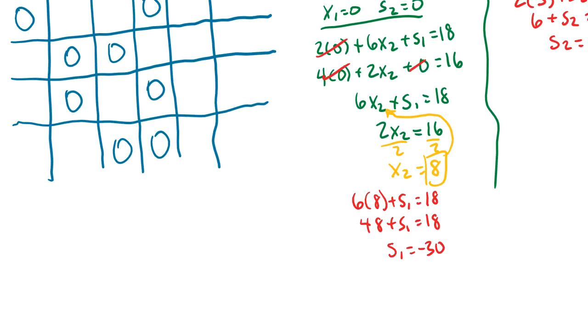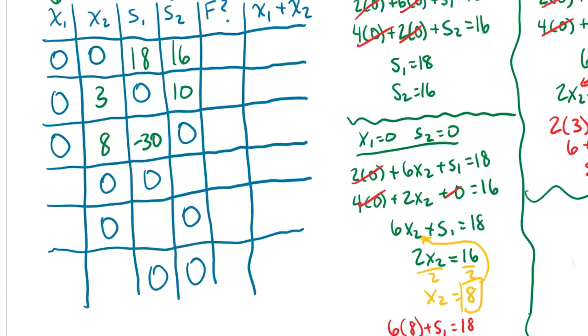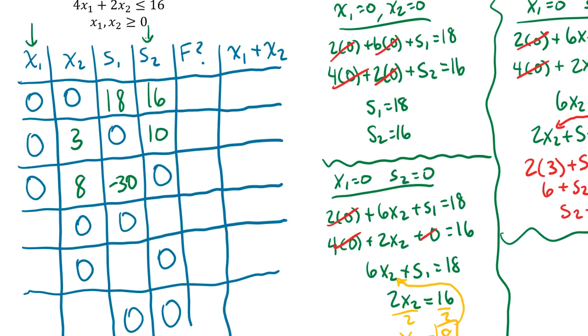Alright, so we got x2 equals 8, s1 equals negative 30. Alright, next one. So we finished all the ones with x1. So we're going to move on now to x2 and s1.